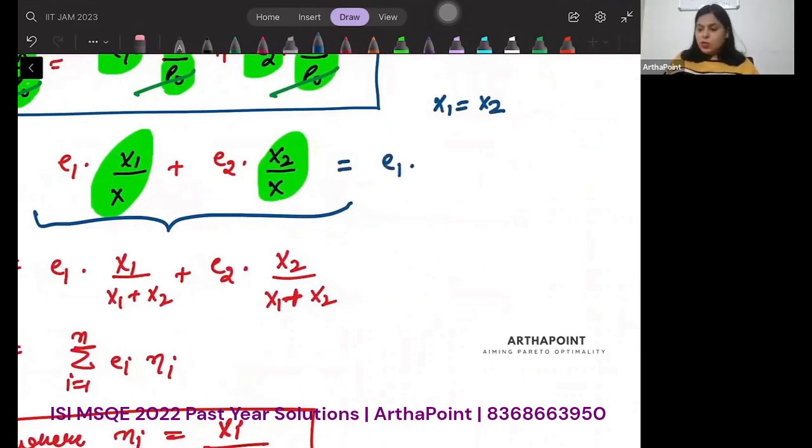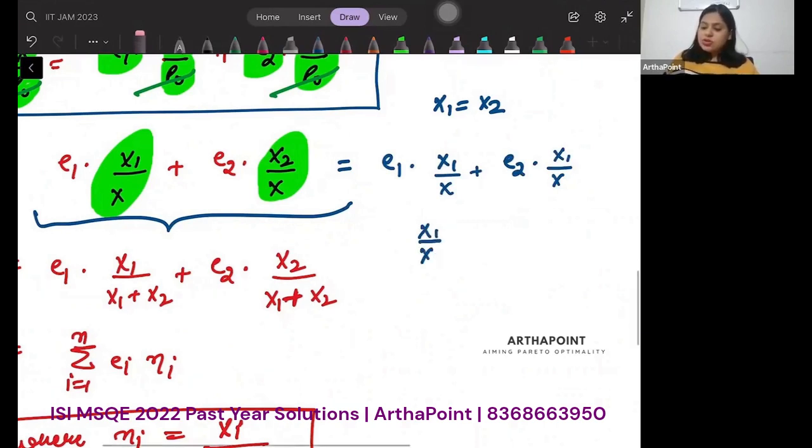I would have done E1 into x1 by X plus E2 into x1 by X, because they are identical. And from here, I would have taken x1 by X common and I would have got the summation of E. This would have been the case had it been identical.